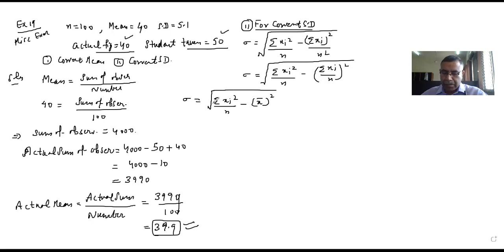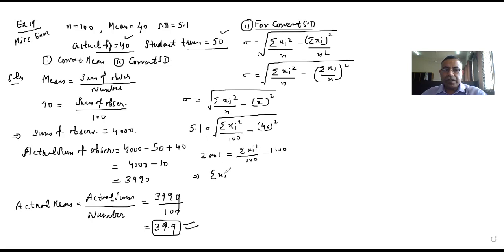Now the standard deviation is given as 5.1, which is equal to the root of sigma xi square upon 100, number of observations, minus the wrong mean, which is 40, squared. Squaring both sides, 5.1 squared is 26.01, which is equal to sigma xi square upon 100 minus 1600.